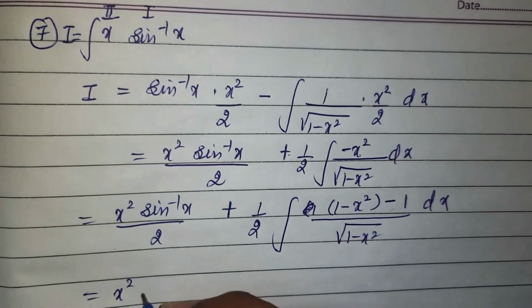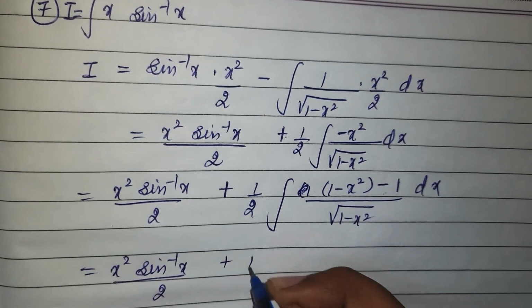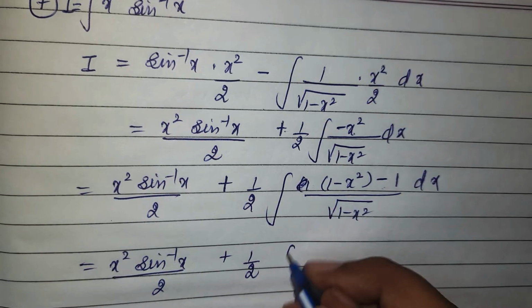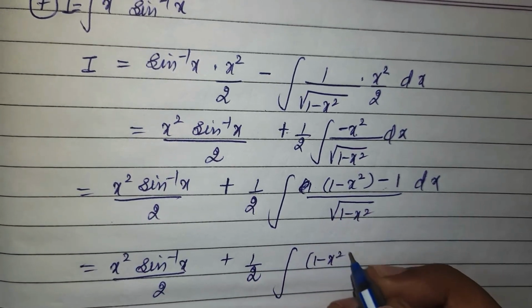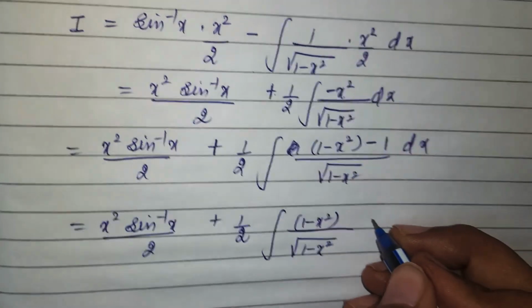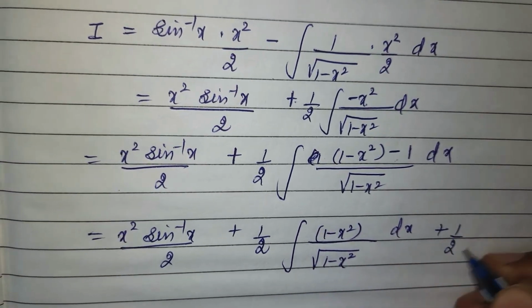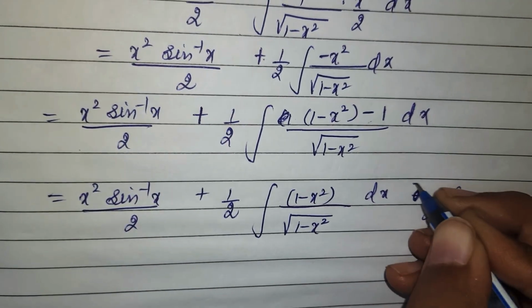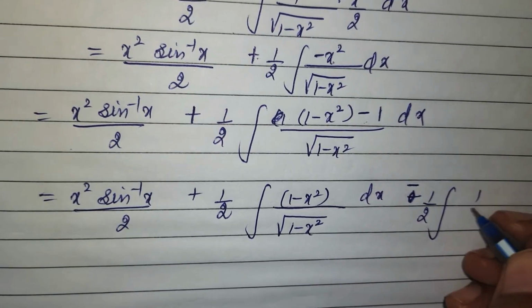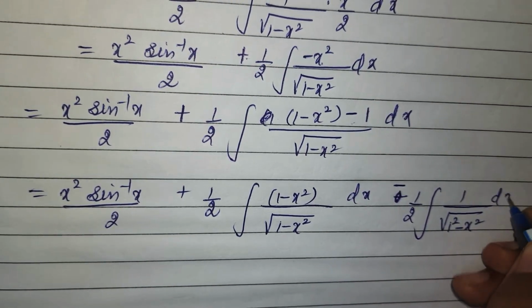So x square sine inverse x upon 2 plus 1 by 2. Now split the terms. 1 minus x square raised to the power 1, this is 1 minus x square raised to the power 1 by 2 dx, and 1 by 2 I am getting again 1 by 2. And this is minus, now, 1 upon under root 1 square minus x square dx.